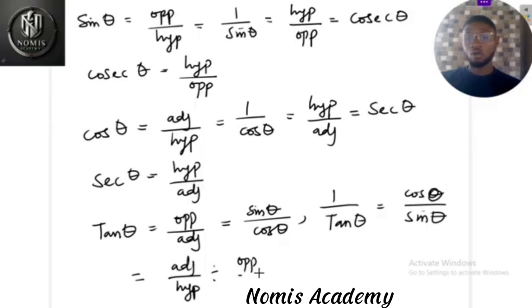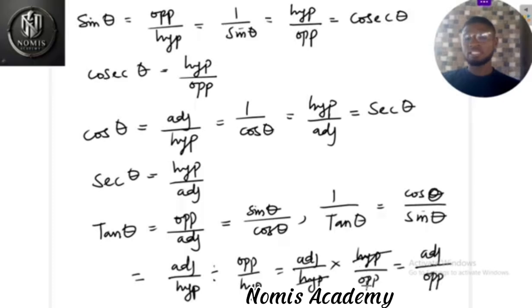So this becomes adjacent all over hypotenuse multiplied by hypotenuse all over opposite. The hypotenuse divides the hypotenuse, so we are left with adjacent all over opposite, and this is the inverse of tan theta. We call it cot theta.